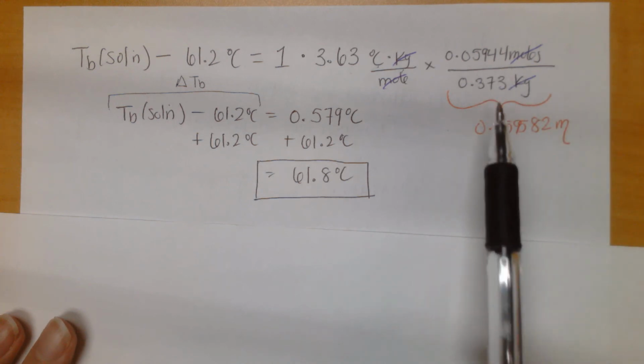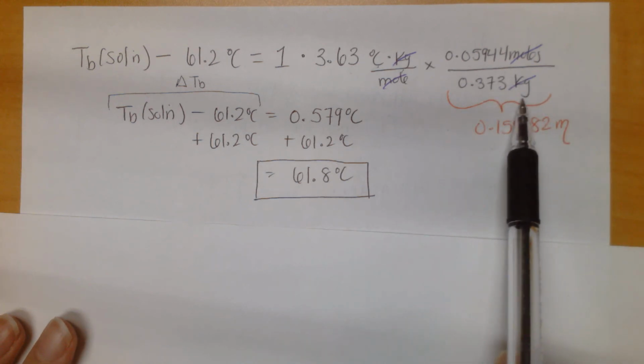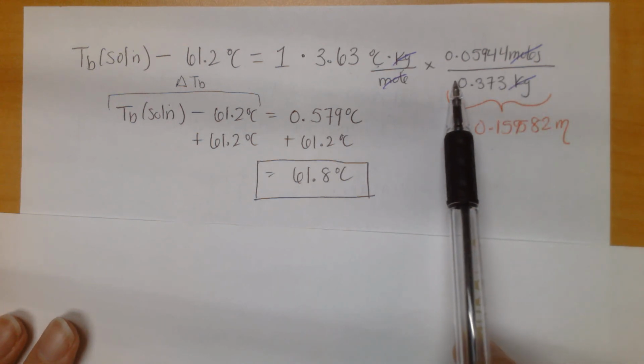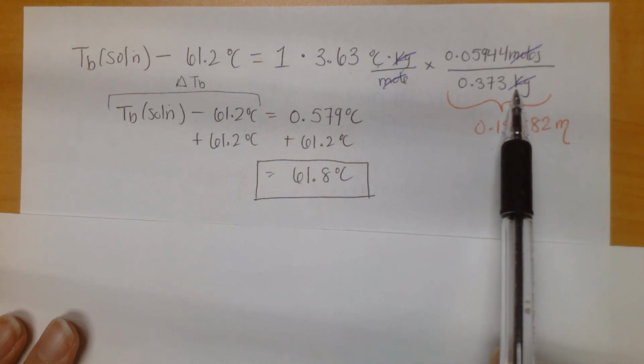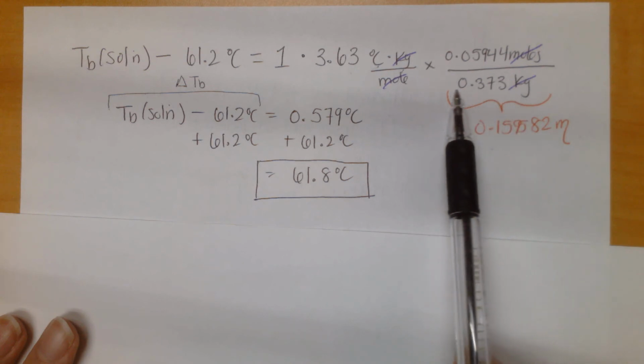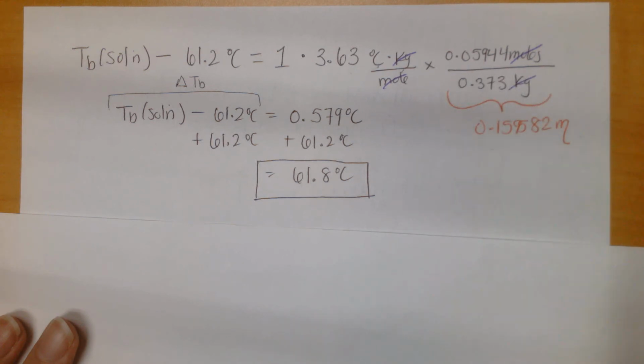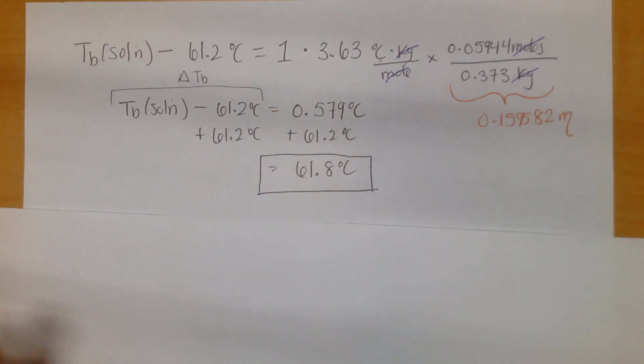And then you need the mass. So again, we had to use the density to turn the milliliters into mass. So it's some fun practice using density types of things that we haven't used in a while. Okay, so plug it in and solve.